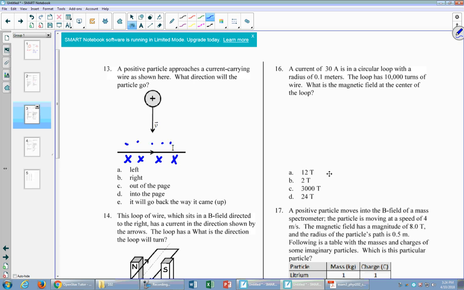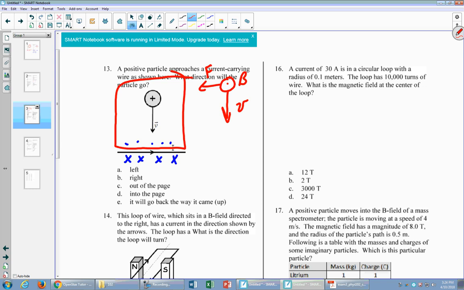So now all I'm concerned about is this portion where I have a velocity vector that's down and a magnetic field vector that's out of the page. And so now this comes back to our first application of the right-hand rule. V is down, B is out of the page, and so my force is going to be, what was that, to the left? Yeah.